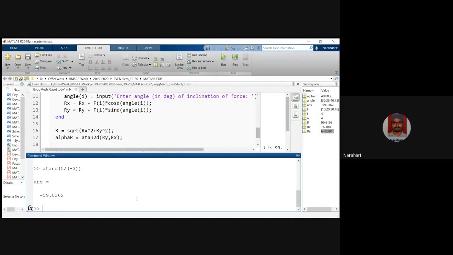If you just do atand of y by minus x, it gives you a negative angle, which is not the correct thing. The correct thing is 180 plus this value. You should add this to 180, pi plus this, is the actual correct answer. So that is what atan2 gives you.